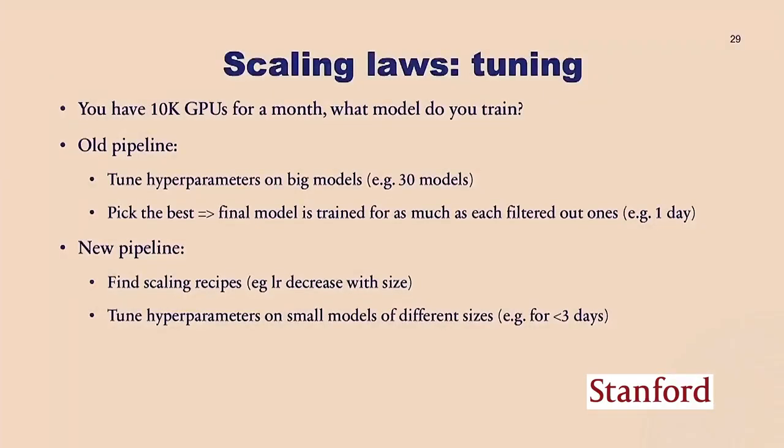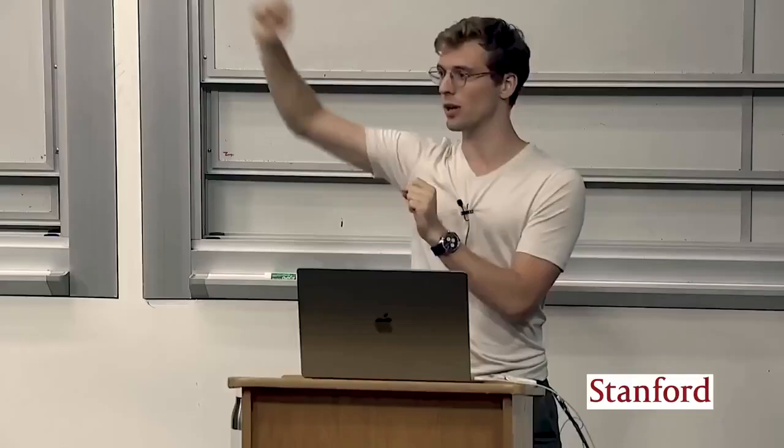Let's say for 3 days of my 30 days, I will train many different models and do hyperparameter tuning on these small models, each of different sizes. Then I will fit a scaling law and try to extrapolate from these smaller models which one will be the best if I train it for much longer, if I train it for a larger model.